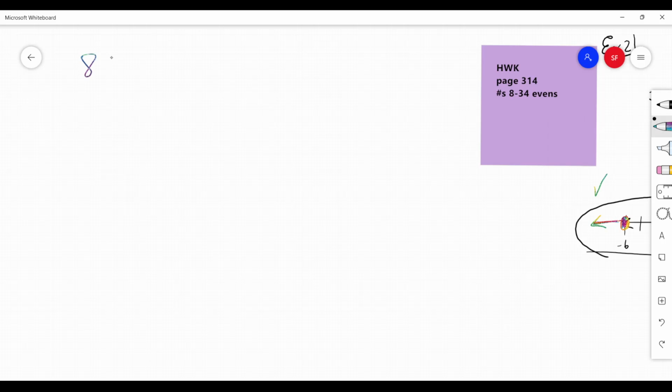Number 8 is open circles at -24 and 8, and it's shaded in between them.